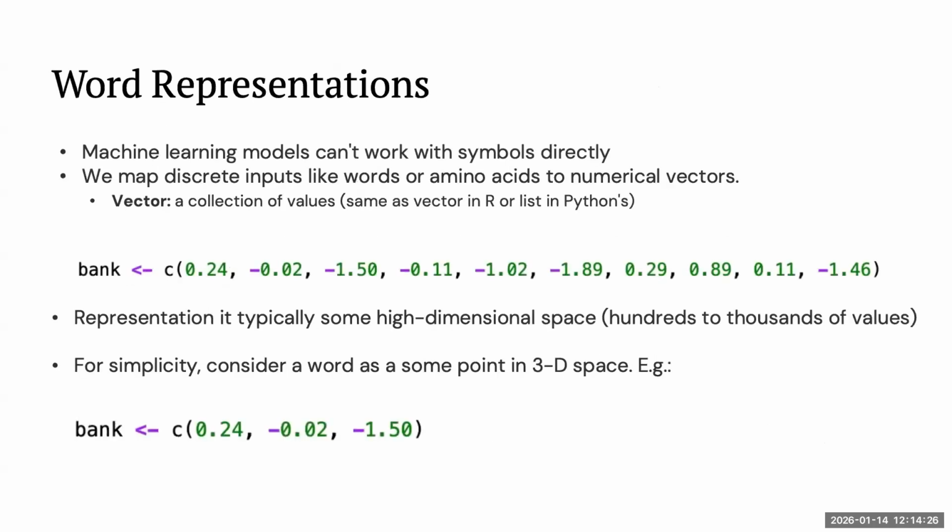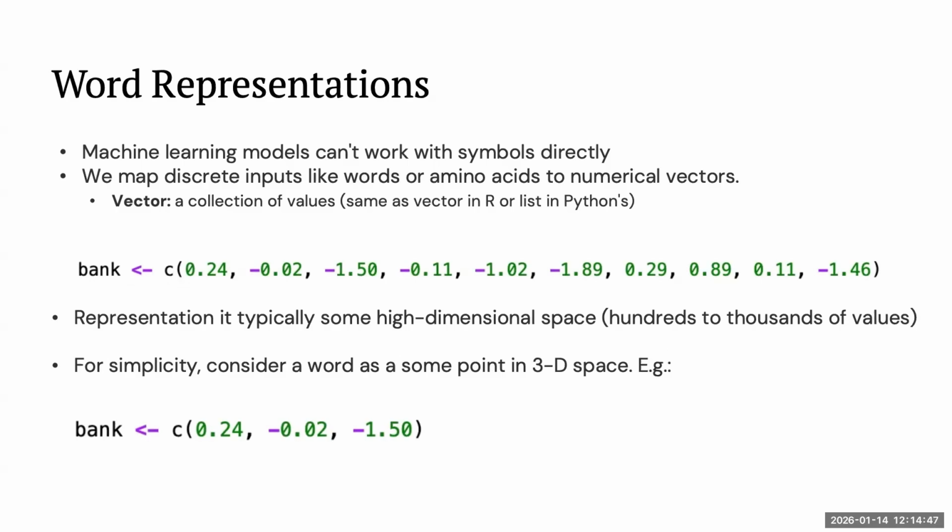Just to make sure that we're all on the same page before we go any further, I wanted to emphasize that in machine learning, models typically can't work with symbols directly. A C does not mean anything in machine learning. We have to give it some numerical representation. So we map discrete inputs like words or amino acids into a numerical vector.